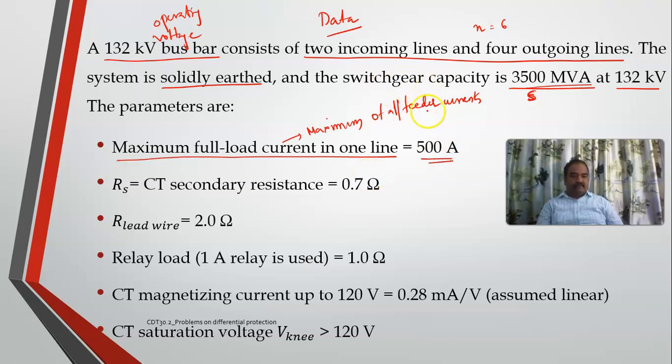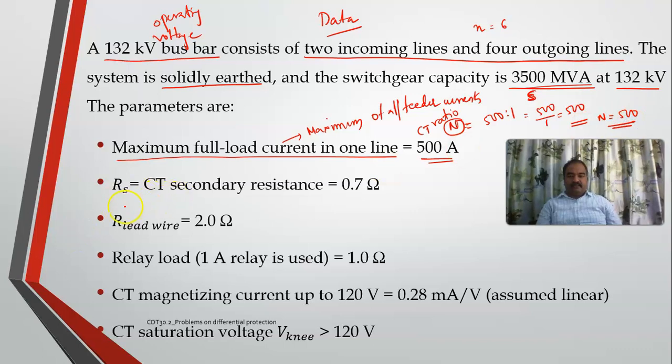Where it will help us is the CT ratio, which we call capital N, equal to the maximum of all feeder currents, 500 is to 1, which is 500 by 1, so N is equal to 500 in this case.